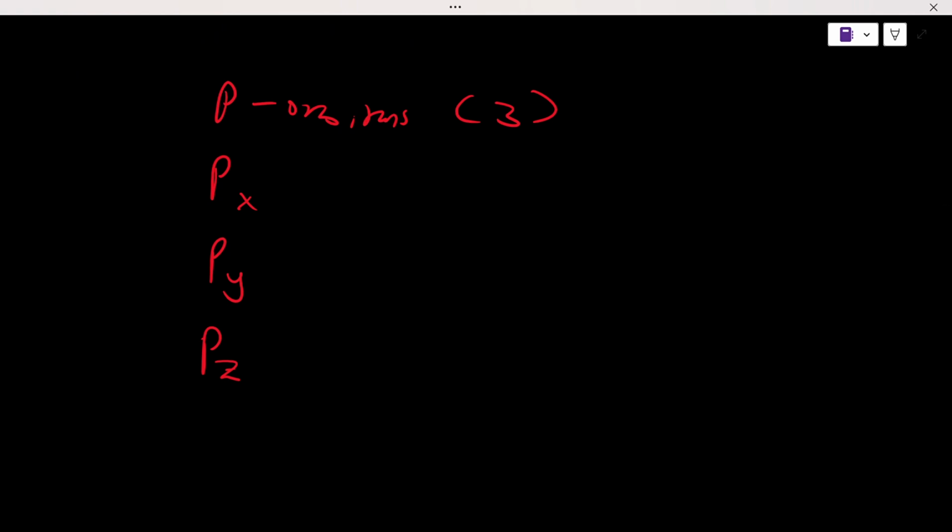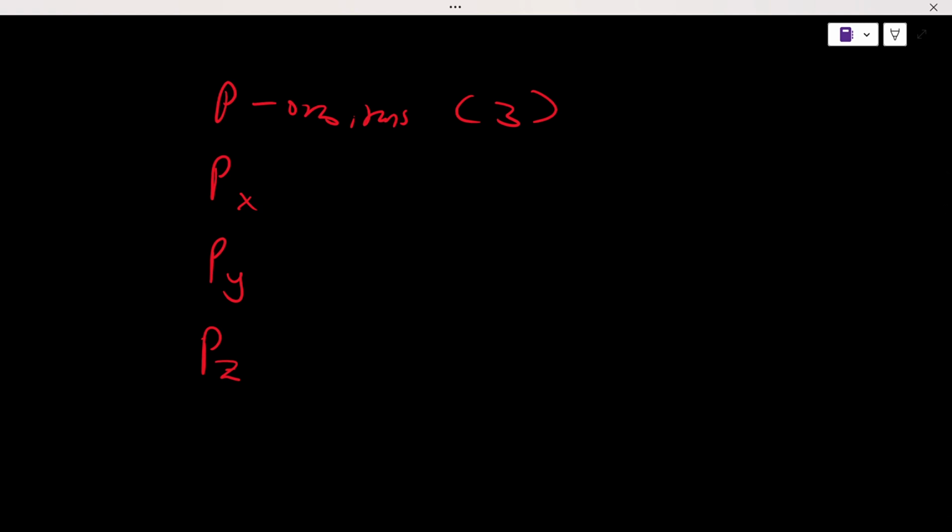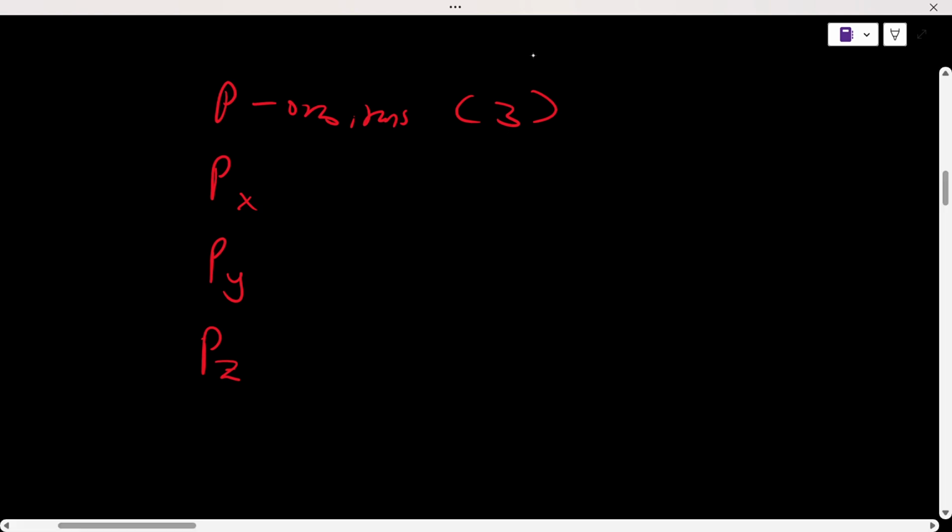So whenever I'm having a px, it means that the p orbitals are oriented, based on the magnetic quantum number, along the x-axis. So I'm going to have a sketch, not drawn to scale.